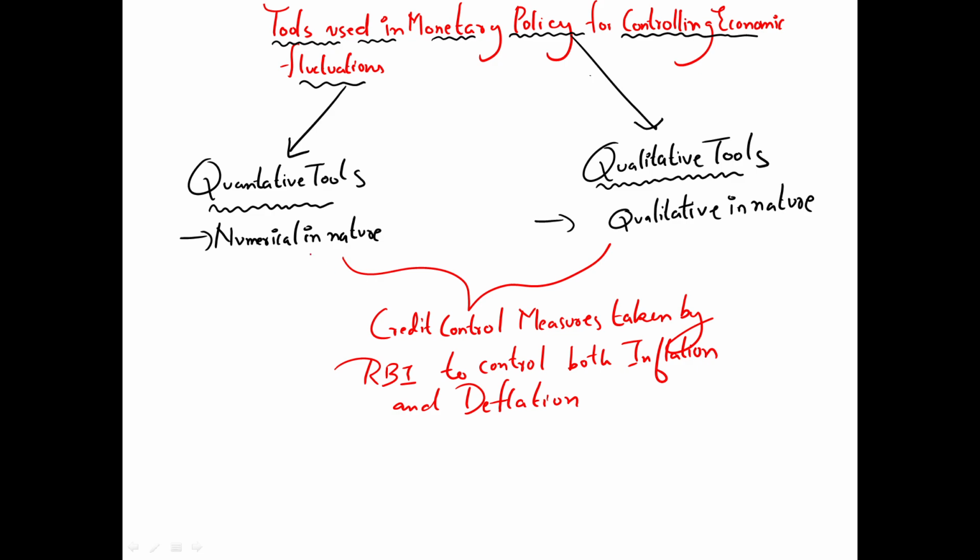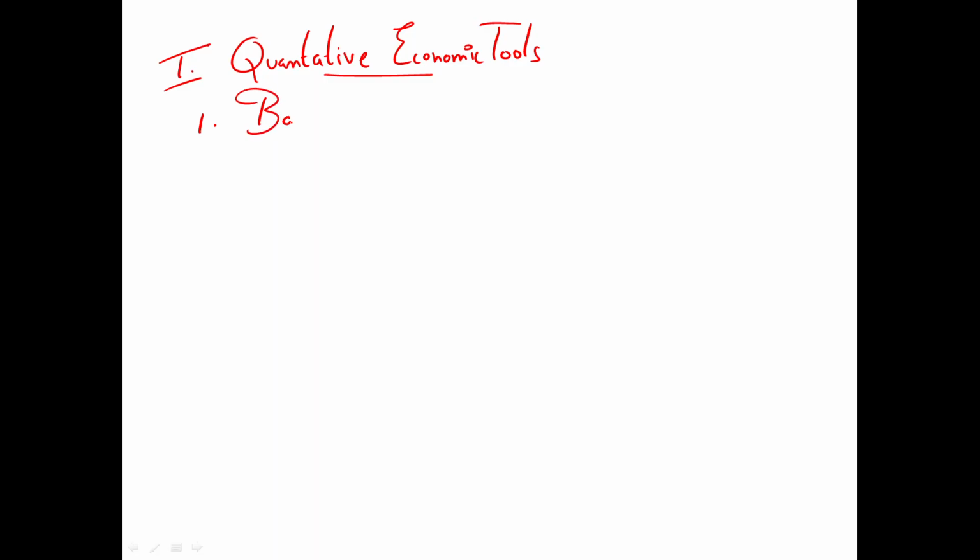First we can learn about quantitative tools, and after that we can learn about qualitative tools. The first quantitative economic tool is bank rate, or discount rate.